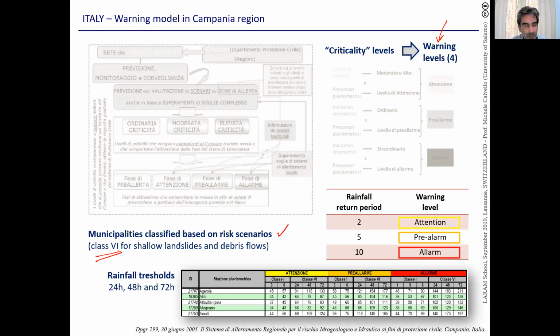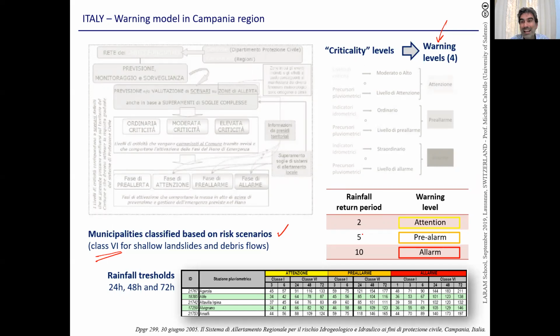Each rain gauge has been in operation for many, many years, some of them 80, 90 years. And so you have a statistical analysis of the rainfall data. People have been defining thresholds based only on a statistical analysis of the rainfall data. Really not based on the correlation between rainfall and landslides, because there is not a good database of landslide occurrences, and so the authorities decided, let's use the rainfall.